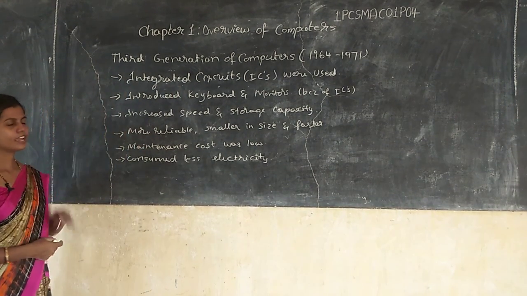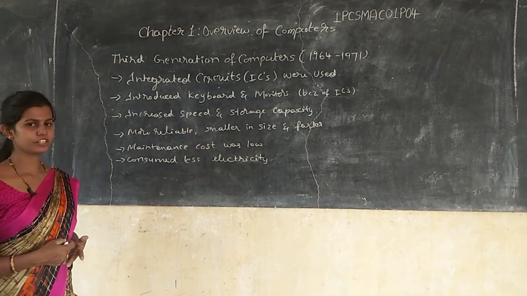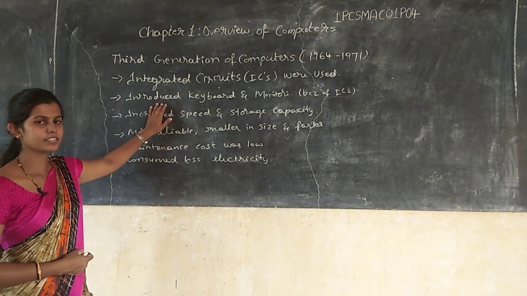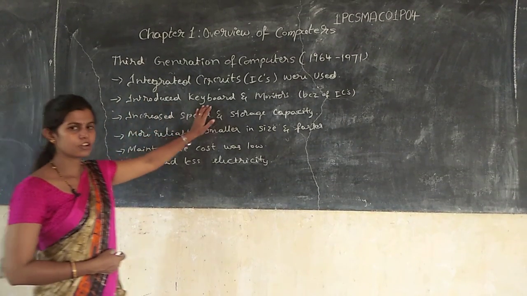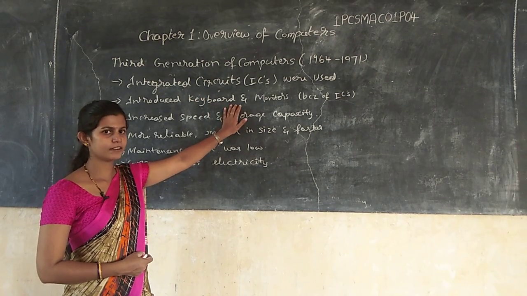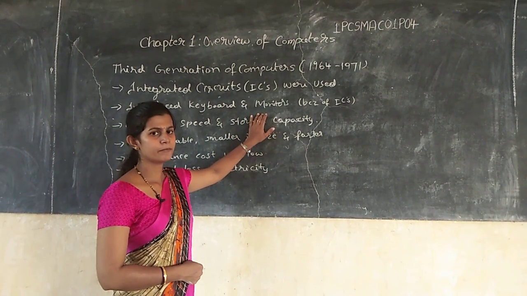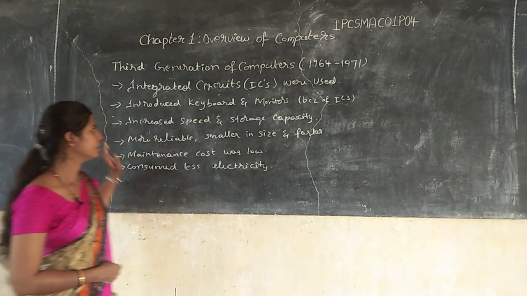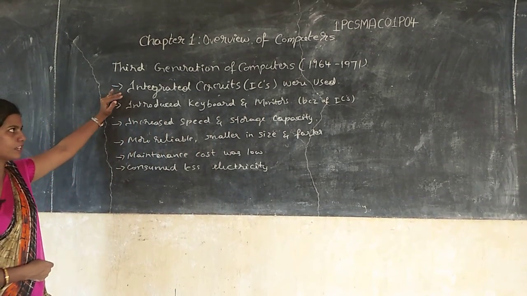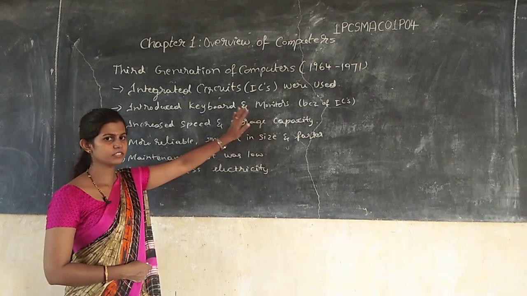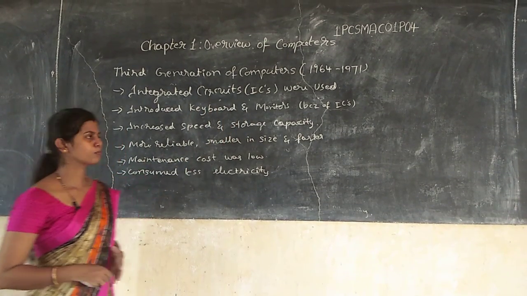And here they introduced keyboard and monitors. In previous generations they used punched cards for inputs and printouts for outputs, but here they introduced keyboard and monitors for input and output.